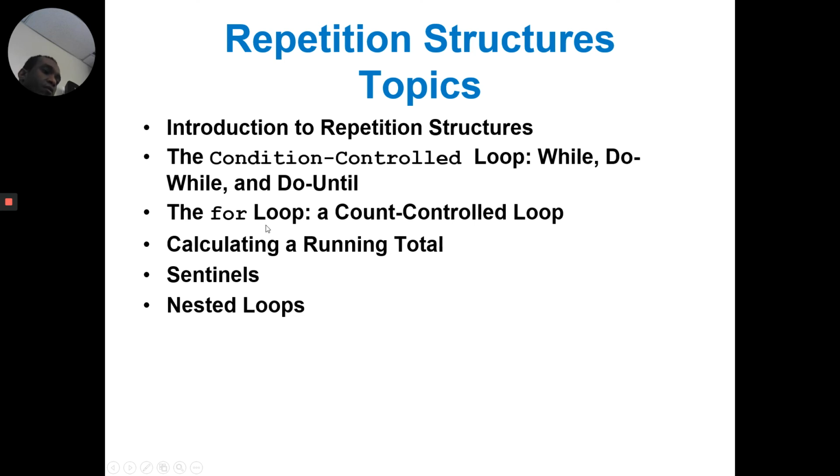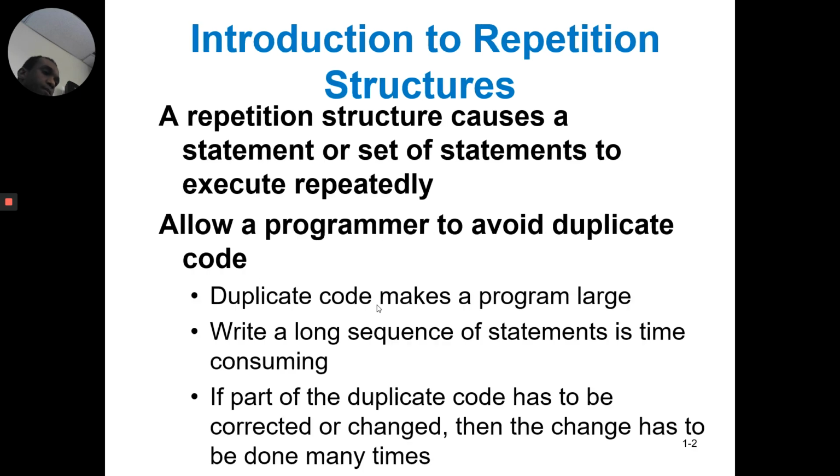Then we have the for loop, the count control loop, calculating a running total, and sentinels, which are a way to stop the loop based on a user's input. And then we have nested loops, which is a loop inside another loop.